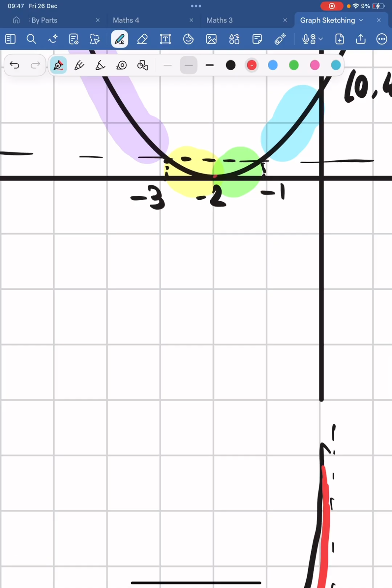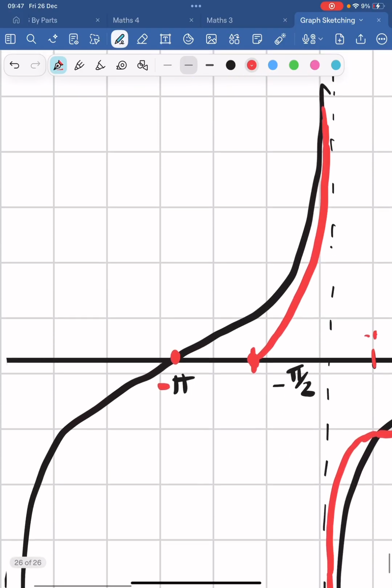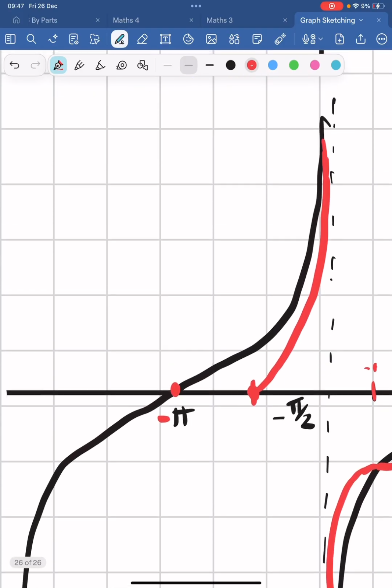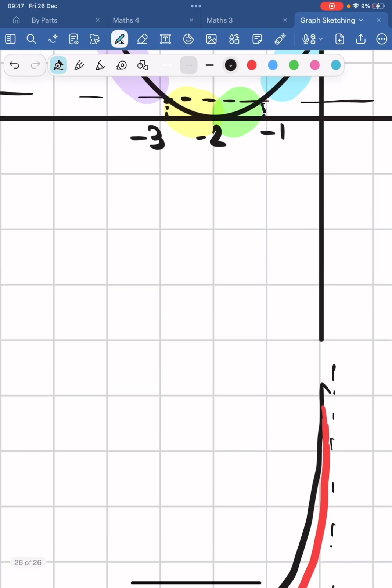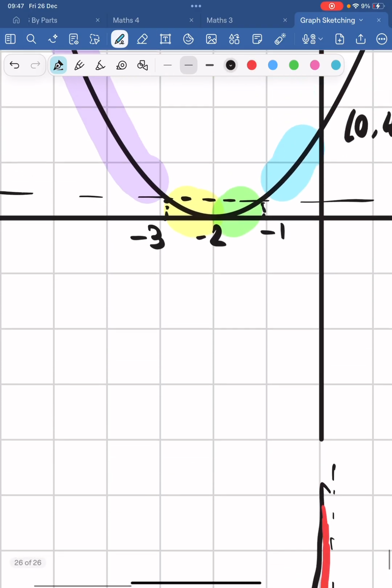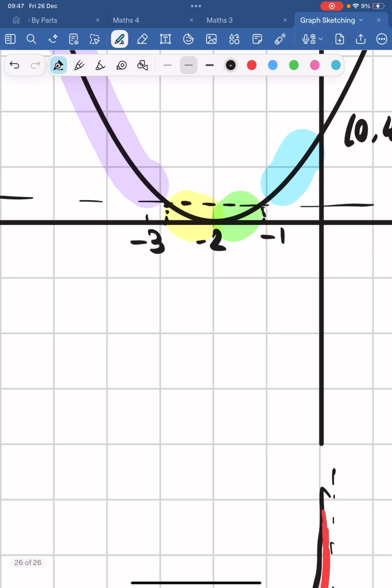Between minus pi, let's just map what this is like on the graph above. So we're considering minus pi, which is minus 3.14.